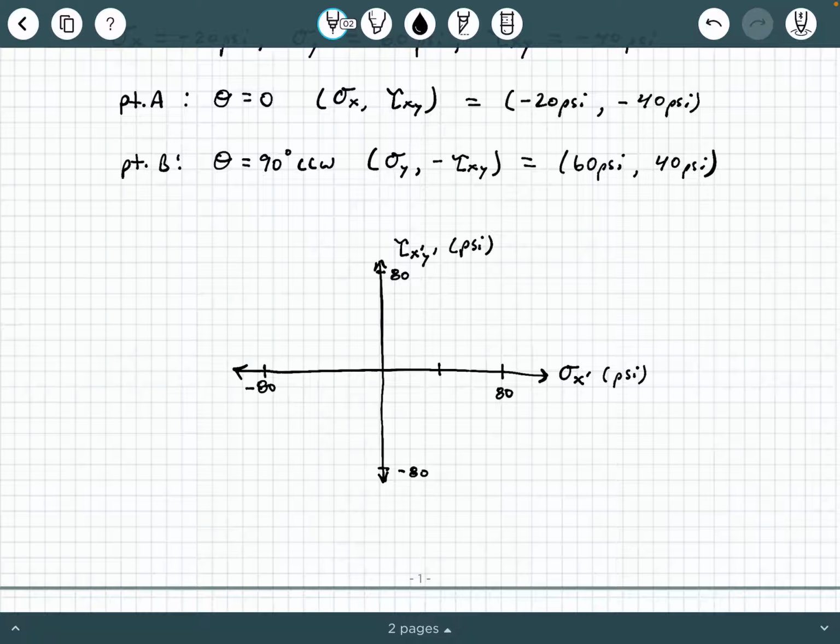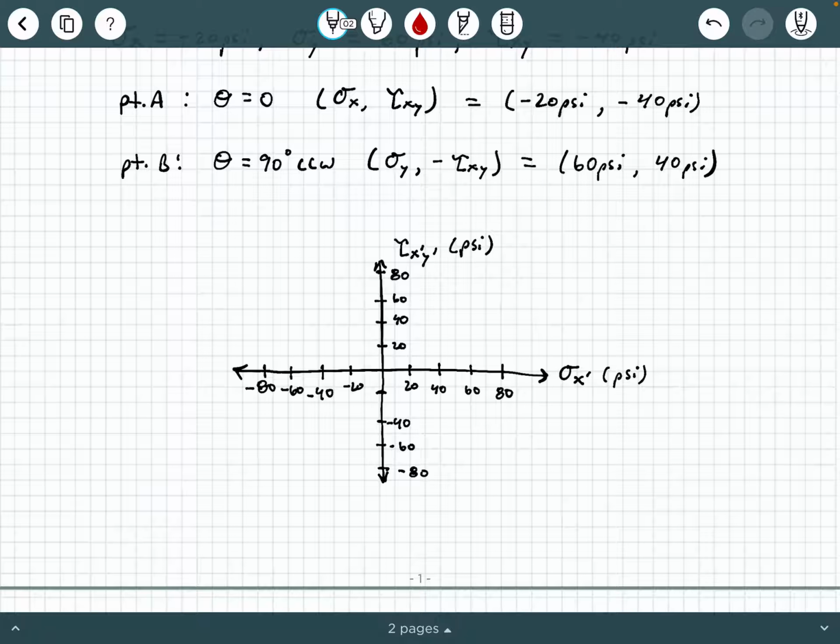And then we can scale off the half points here, 40, 60, 20, and so on. Just like that. Okay.